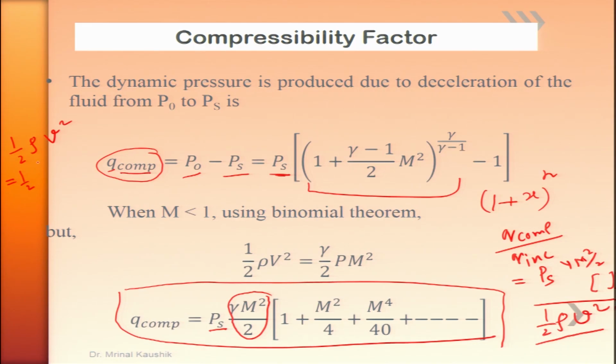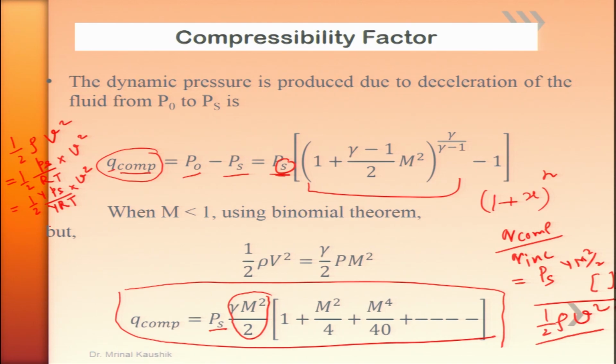Using the equation of state, I can directly write static pressure P by RT, and since we are conventionally using static pressure with subscript S, let me put S here, and then multiplied by V square, which is already present. Now let us algebraically manipulate: let me multiply gamma in the denominator as well as in the numerator, and then V square is there.